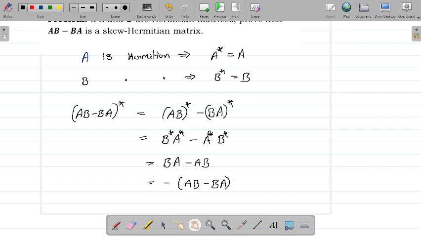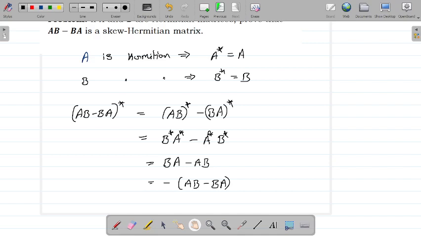The first thing: prove that Hermitian and skew Hermitian matrices are square matrices. It's easy to prove because you would like to equate the matrix and its conjugate transpose. You can equate them only when A is a square matrix. They must be of the same size, only then can you compare those two.